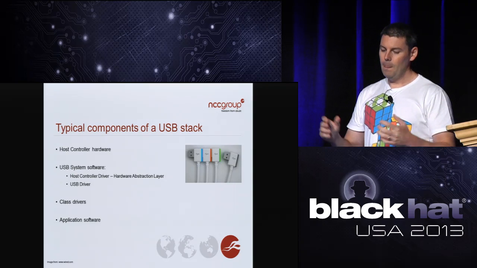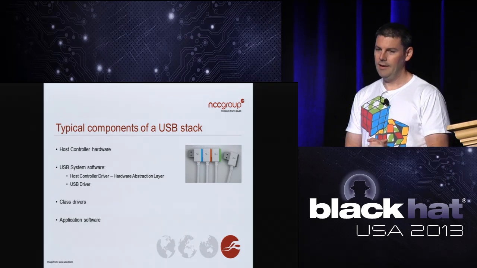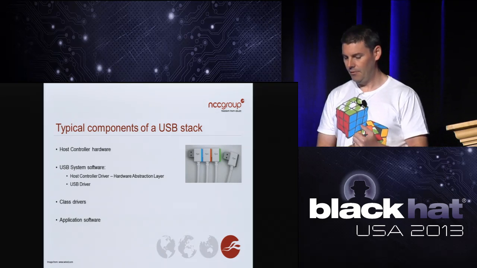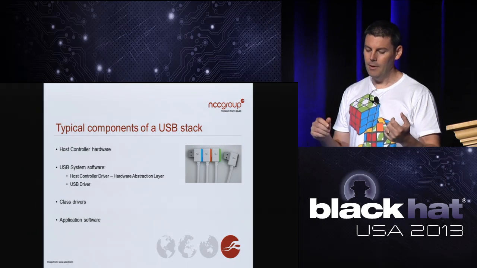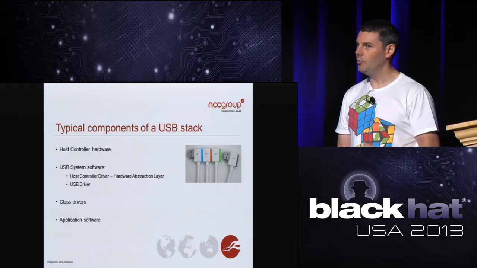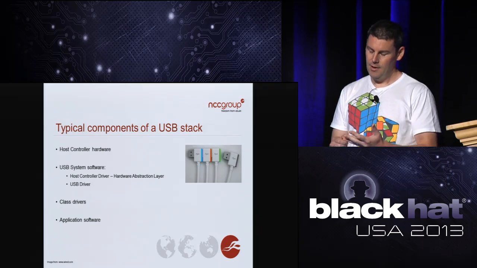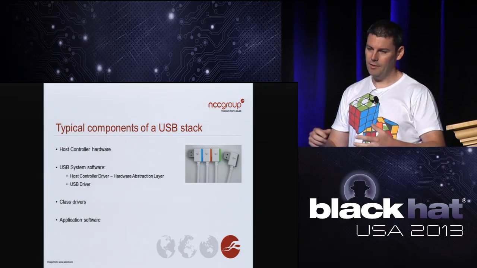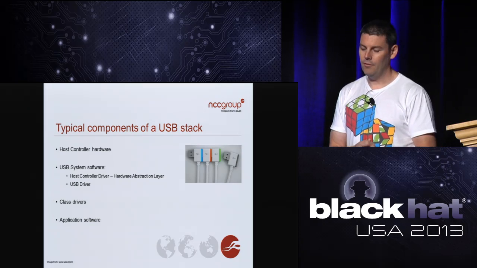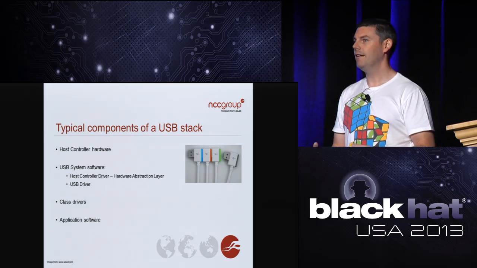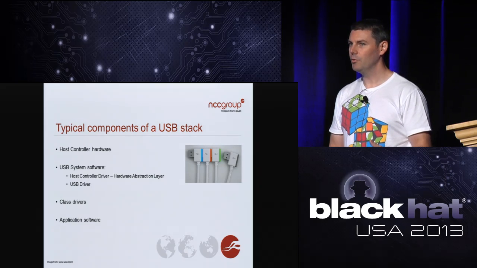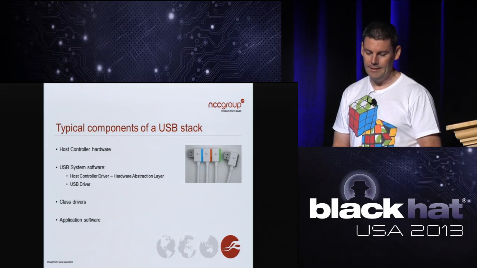So the host controller is the kind of lowest level element of USB. It's normally implemented in hardware because it's enforcing some of the areas of the spec that are very hardware dependent, so voltage levels, timing, that kind of stuff.